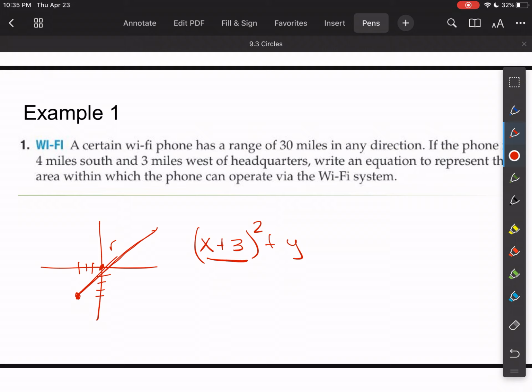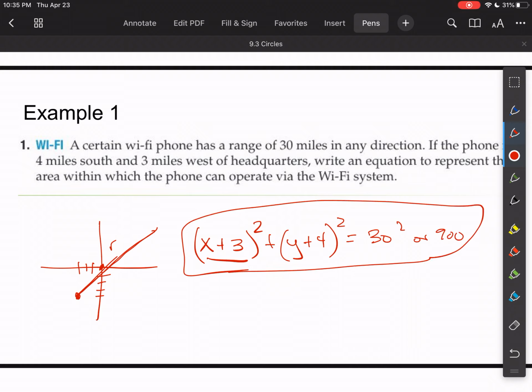Since I went down 4, I'm going to add 4 here because it's whatever makes it go to 0, squared is equal to the radius squared, which is 30 squared or 900. That would be your equation. I would prefer that you would just put the 900 there instead of the 30 squared.